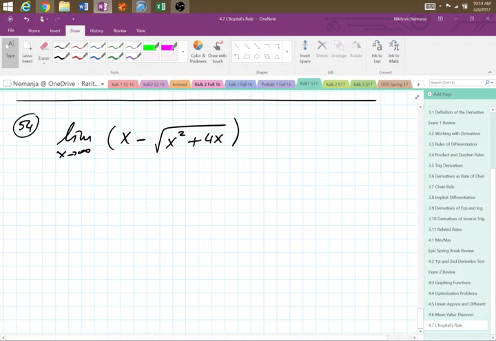Well, we clearly see infinity minus infinity, because when you plug in infinity into x squared and x over there, you get infinity plus infinity, root of infinity is infinity. So you definitely have infinity minus infinity. Now, the question is, how do we solve the problem? You know that you have to change this subtraction.